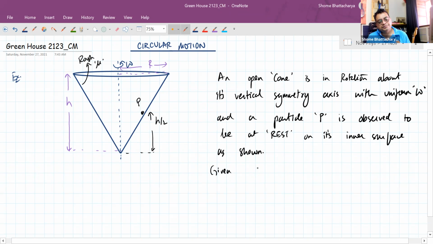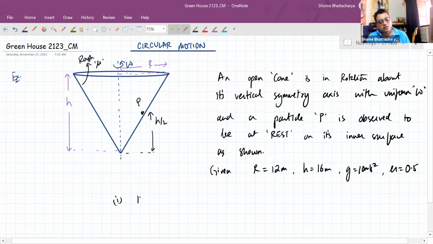Now given this radius is 12 meters, the vertical height is 16 meters, g is 10 meters per second square, and the coefficient of friction is 0.5.